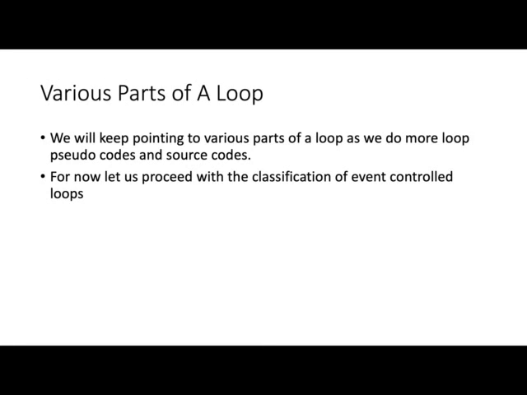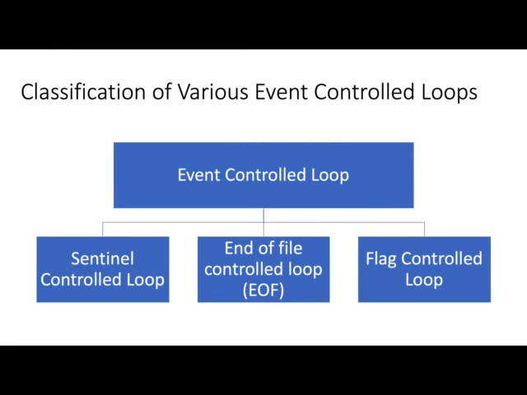But event control loops themselves are classifiable in 3 different types of loops. And we'll spend a lot of time in first two of those 3. And those are sentinel control loop, end of file control loop, or flag control loop.